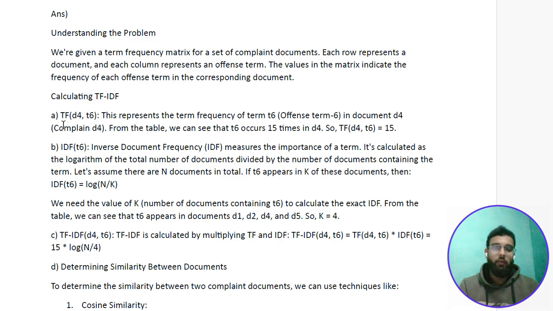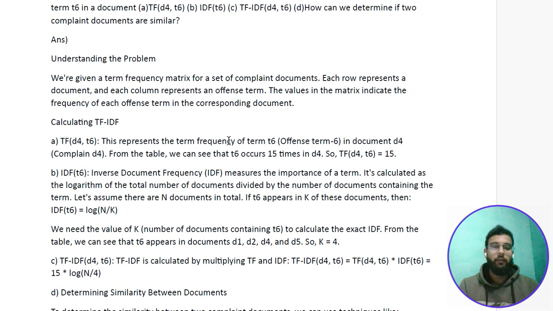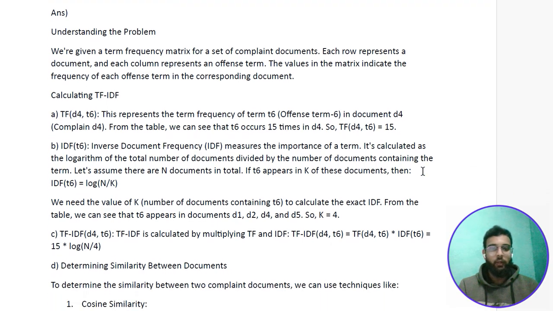A: we have the TF for D4, T6. This represents the term frequency of term T6, offense term 6, in document D4. From the table, we can see that T6 occurs 15 times in D4. So TF(D4, T6) is equal to 15.